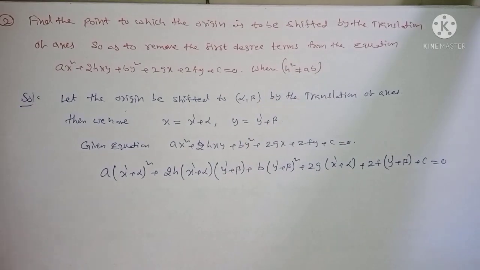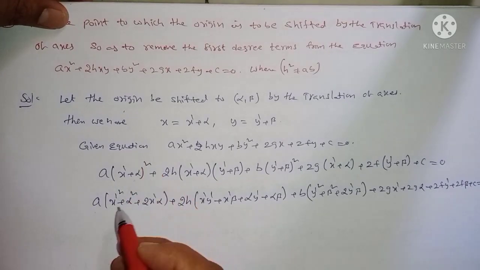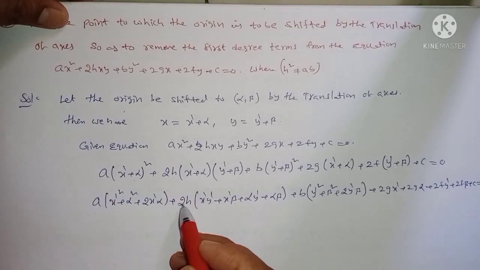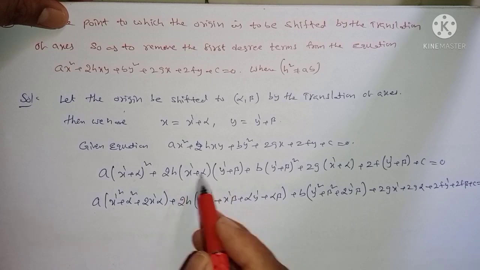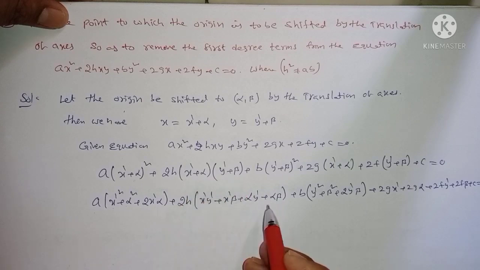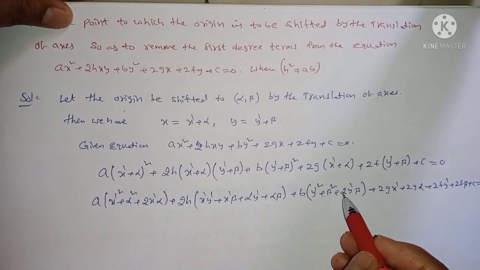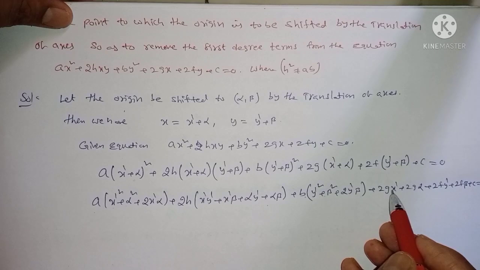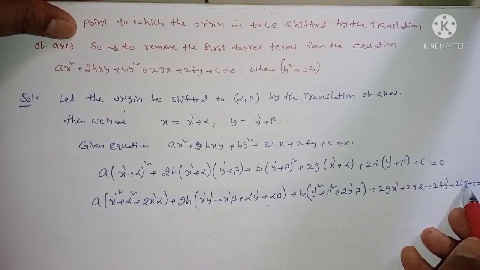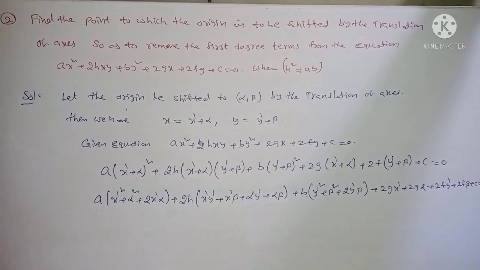Now multiply using the formula of a plus b whole square: a of x dash whole square plus alpha square plus 2 x dash alpha, plus 2h of x dash y dash plus x dash beta plus alpha y dash plus alpha beta, plus b of y dash whole square plus beta square plus 2 y dash beta, plus 2g x dash plus 2g alpha, and 2f y dash plus 2f beta, plus c is equal to 0. This is our equation.